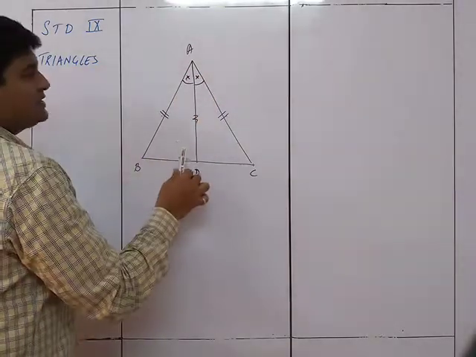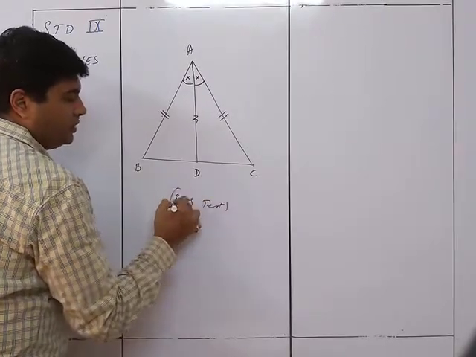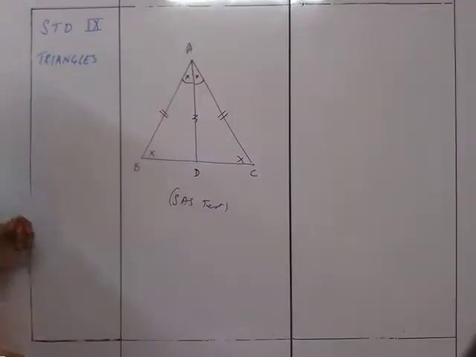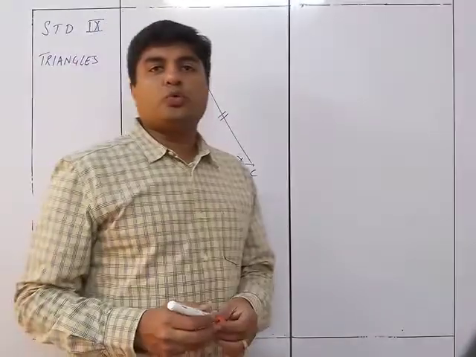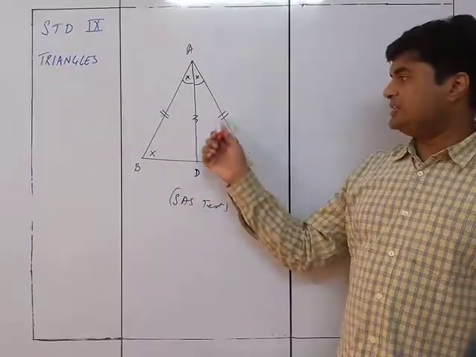So these two triangles are congruent by SAS test. So automatically this angle will be equal to this angle. So this proves that the angles opposite to equal sides are equal.